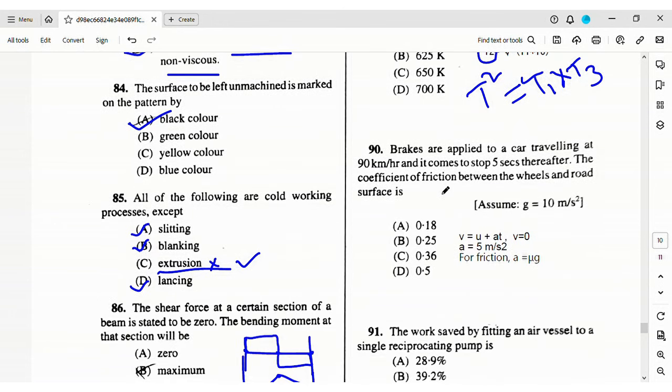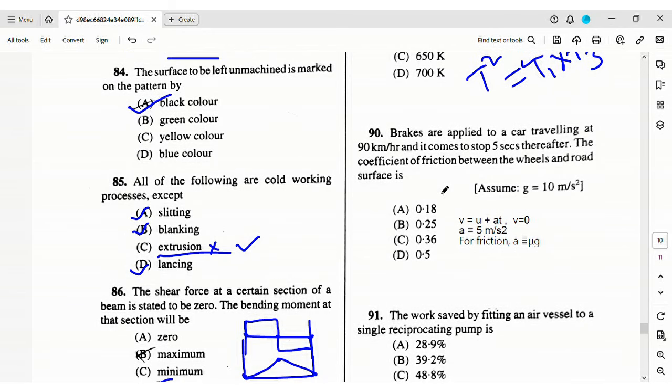Brakes are applied to a car traveling at 90 km per hour and it comes to a stop 5 seconds thereafter. The coefficient of friction between the wheels and the road surface is? So 90 km per hour equals 25 meter per second. Now from the equation V equals U plus AT, with V equals 0 and T equals 5 seconds, we get A equals 5 meter per second square.